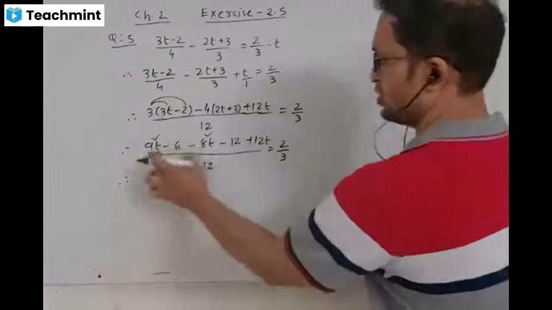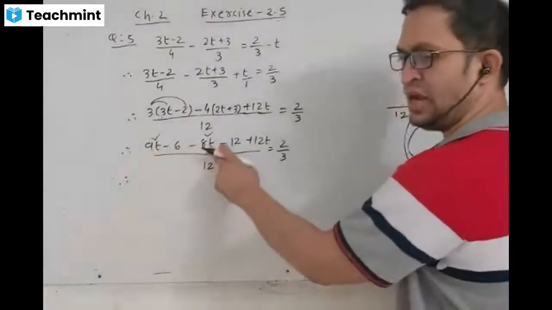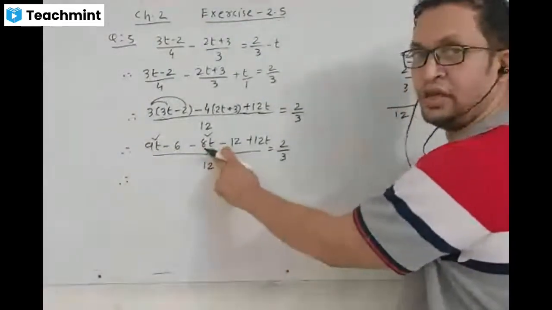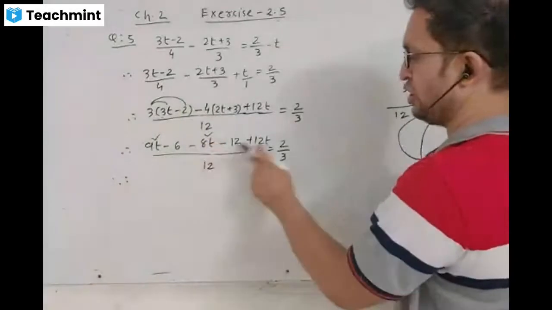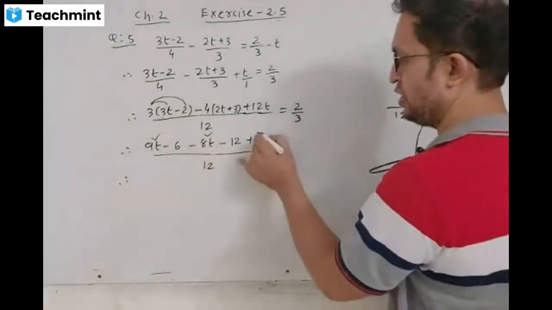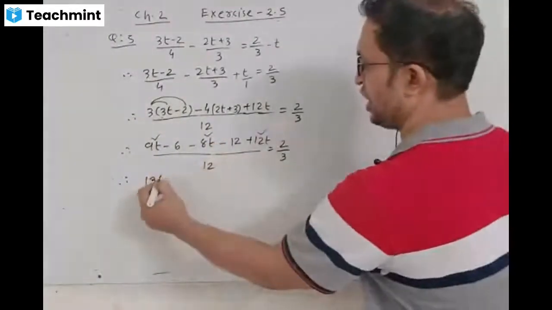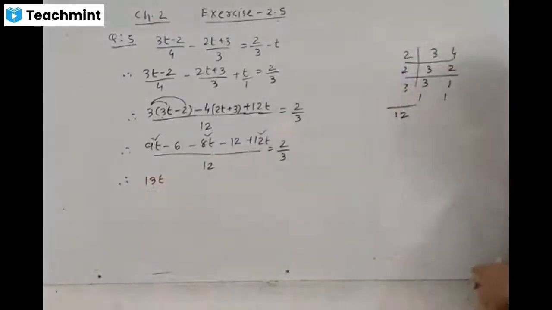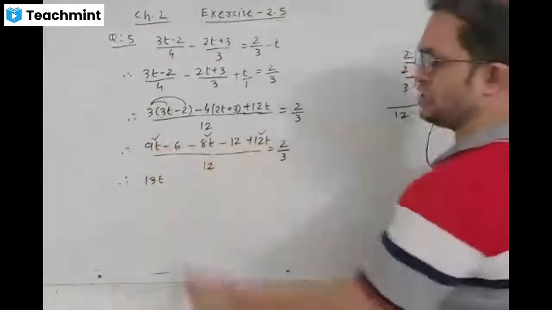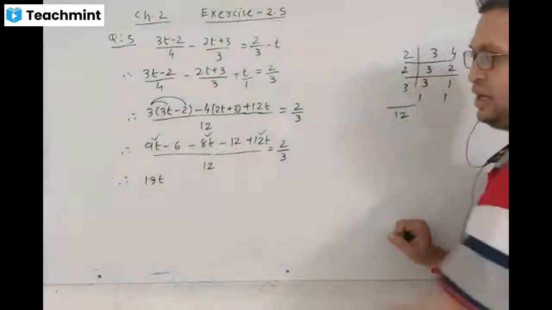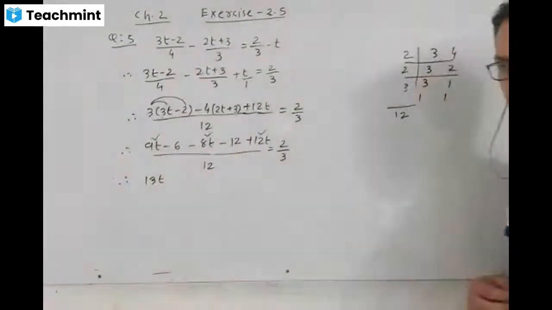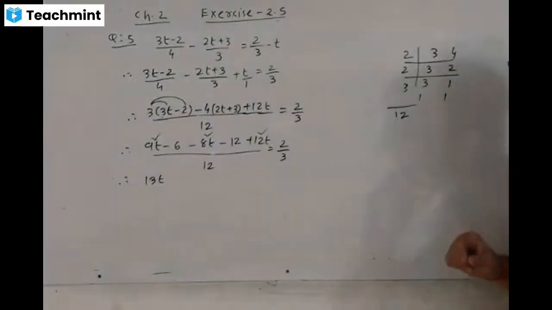And t plus t. One time t positive plus 12t, that is equal to 13 times t. Okay. 21t minus 8t, that is equal to 13t.